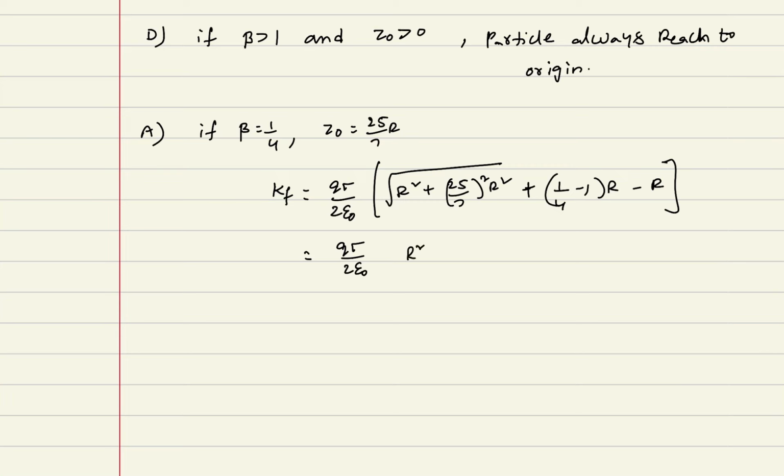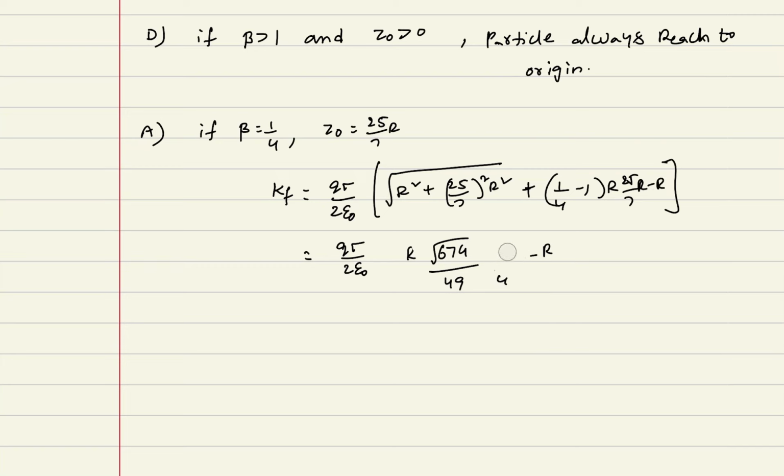This is the value. Substitute there. Q sigma by 2 epsilon naught, here r square and 625 by 49, we can write 674. You can write this as r into root 674 divided by 49 minus 3 by 4 r minus r.